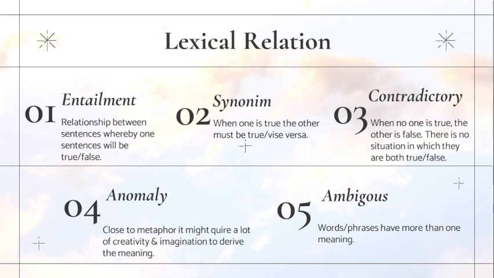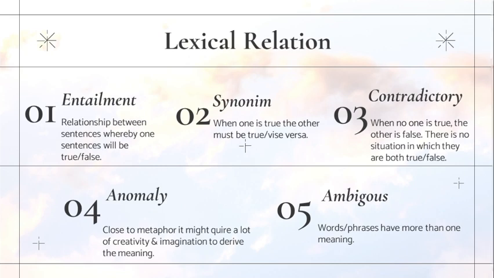For example, A. Jack put off the meeting. B. Jack postponed the meeting. From these two sentences, we know that the meaning of the first and second sentence is similar. And the third, contradictory. When one is true, the other is false.